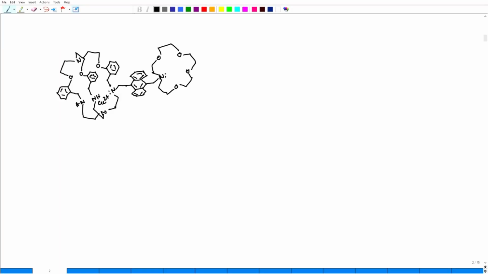However, PET is still possible from this side. There are two sides for PET: one is from here to here, the other is from here to here. So, now both must be blocked, only then we can get fluorescence, because if this is blocked but this channel is still available, I get no fluorescence.